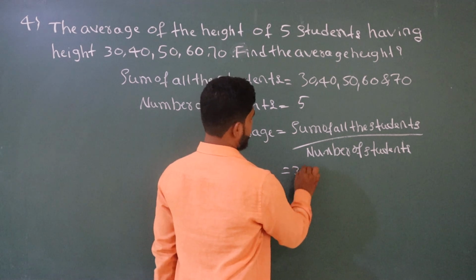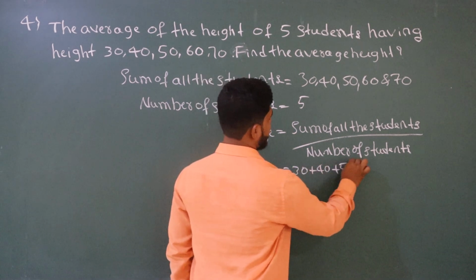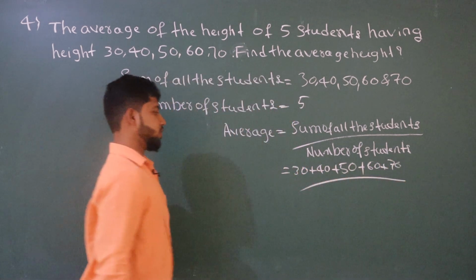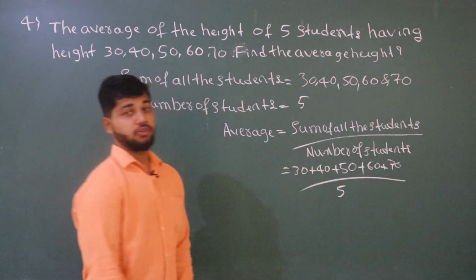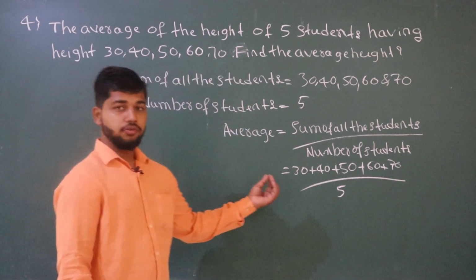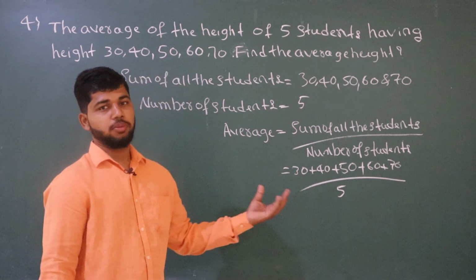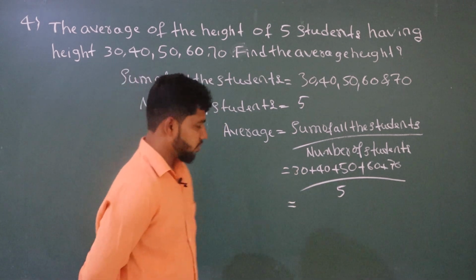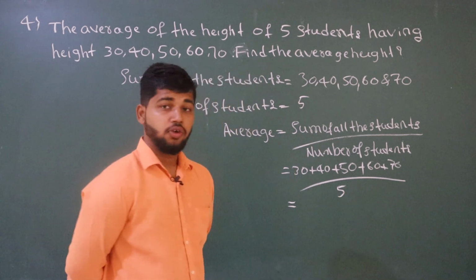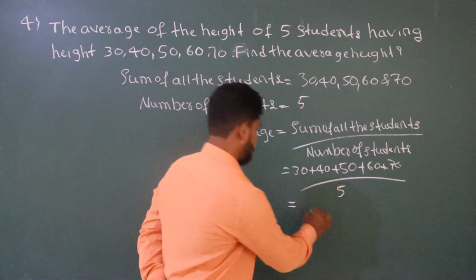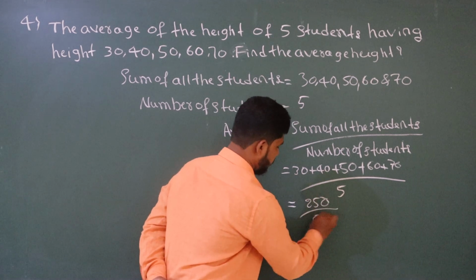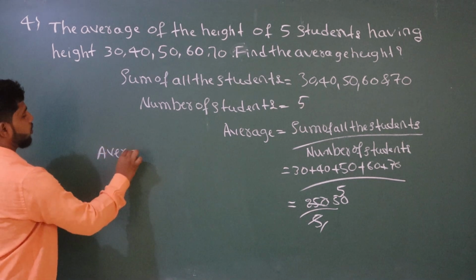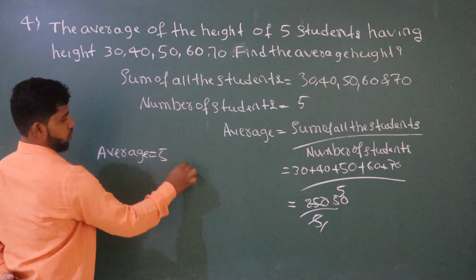It is 30 plus 40 plus 50 plus 60 plus 70, divided by the number of students, which is 5. Now 30 plus 40 is 70, 70 plus 50 is 120, 120 plus 60 is 180, 180 plus 70 is 250. 250 divided by 5, then the average is equal to 50.